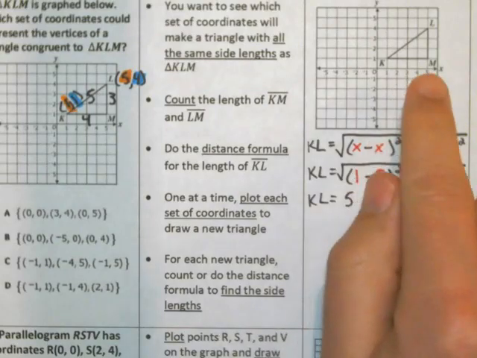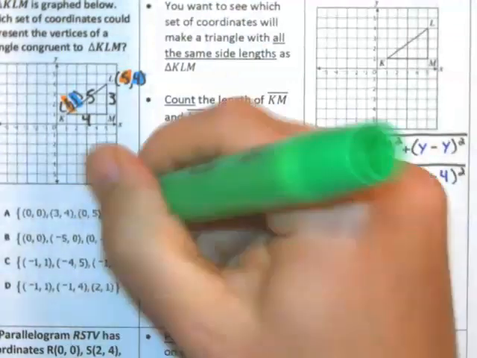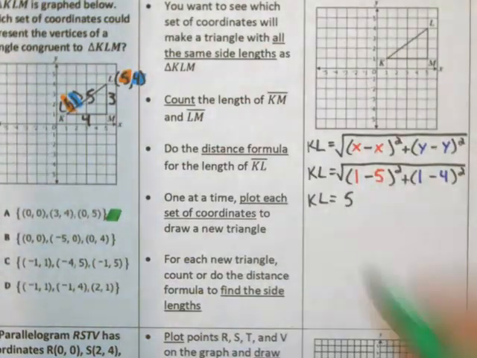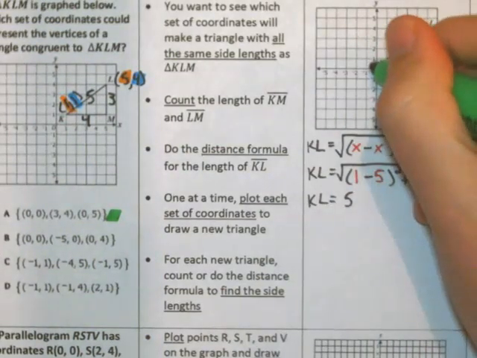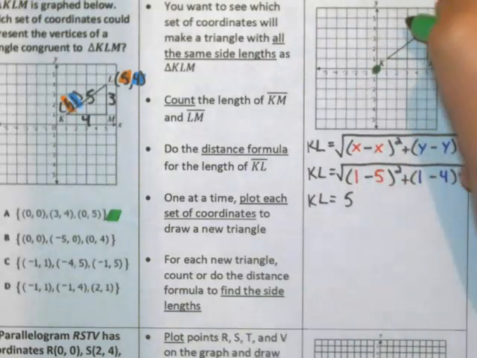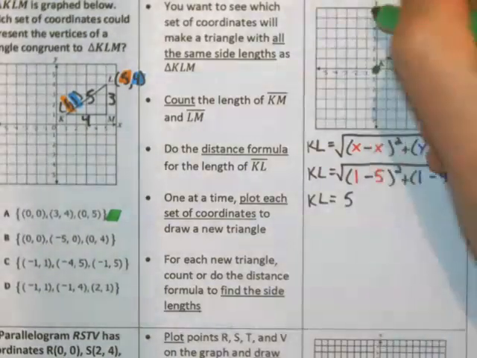I've got an extra graph over here on the right so that we can plot some of these sets. I'm going to use green to plot the first set of coordinates. So those are going to be at 0, 0, 3, 4, and 0, 5.